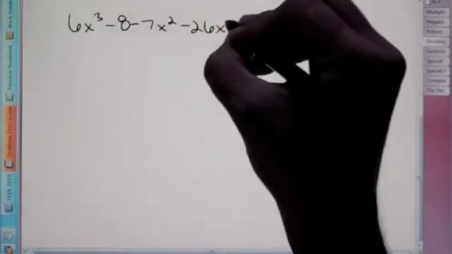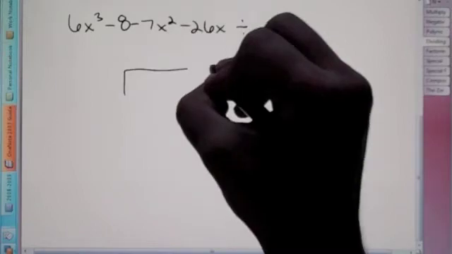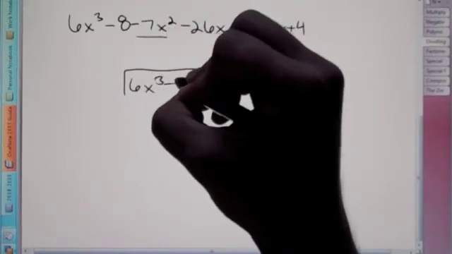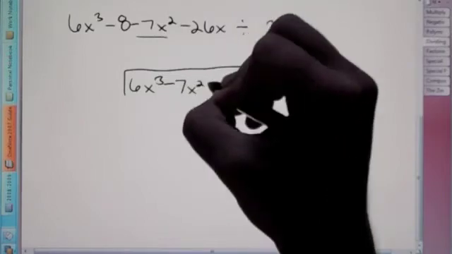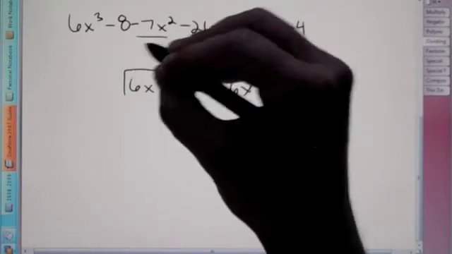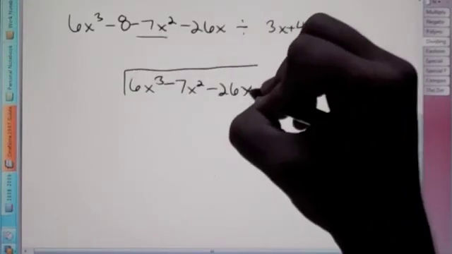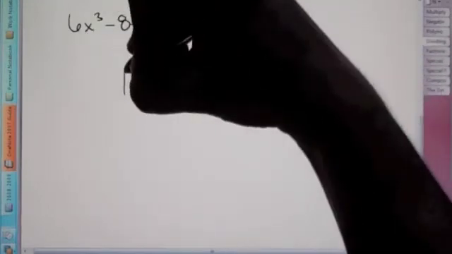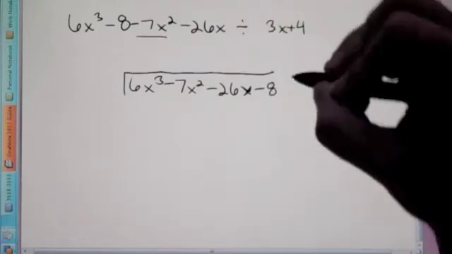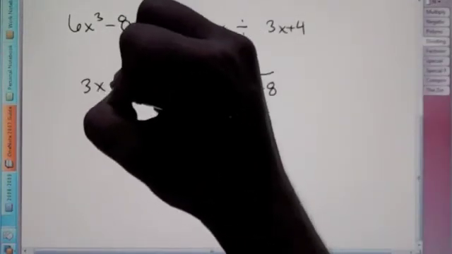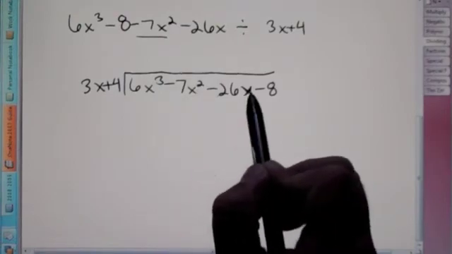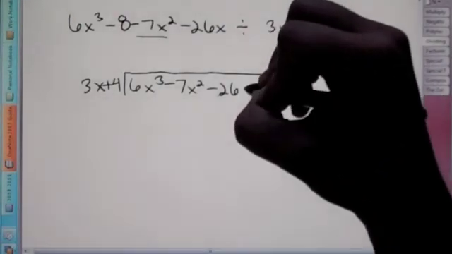So instead of writing it like this, we're going to put 6x cubed minus 7x squared minus 26x minus 8. Again, you want descending order. And then we have the 3x plus 4 over here. Again, x cubed, x squared, x to the first power, no x.